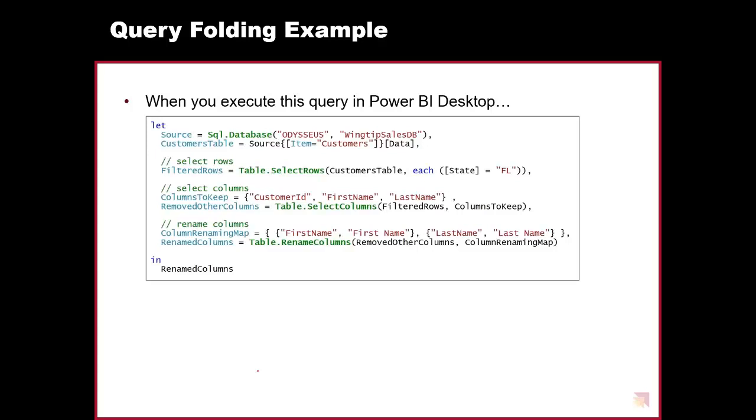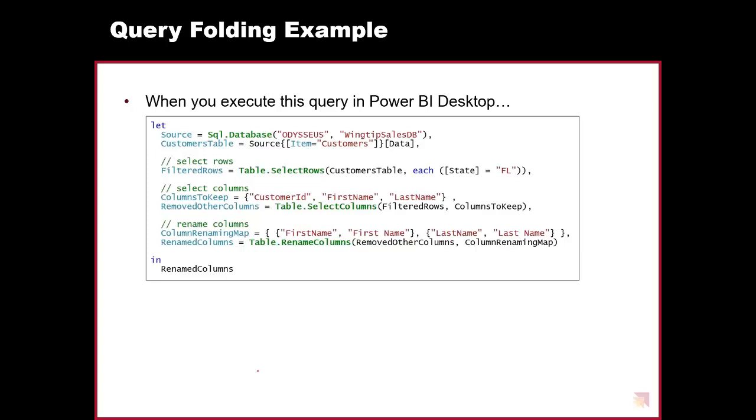Now, let's say that I have this example right here. I have a database and I say SQL.database. I pull back the customers table, and now I have a filtered rows, and I have Table.SelectRows. Then I have Table.SelectColumns. Then I have Table.RenameColumns.